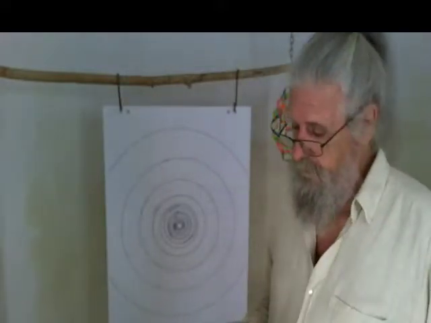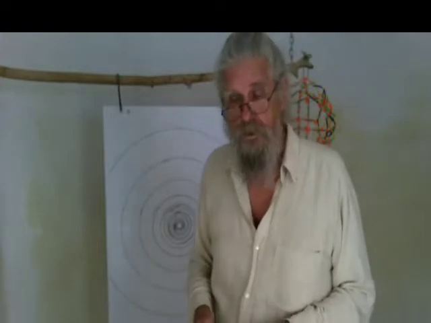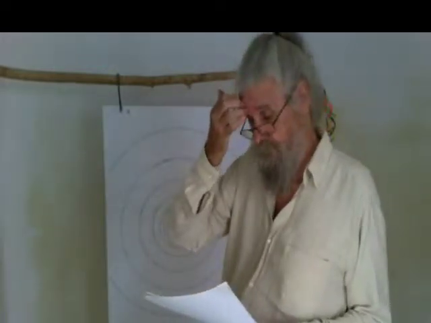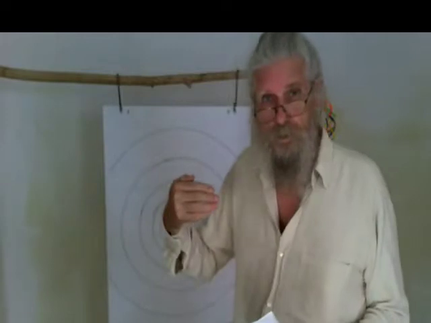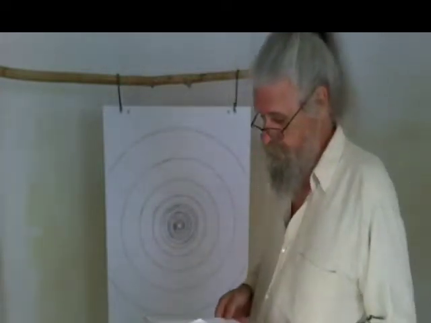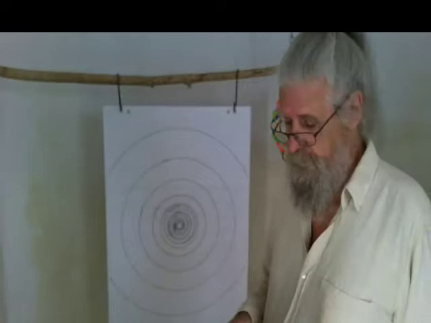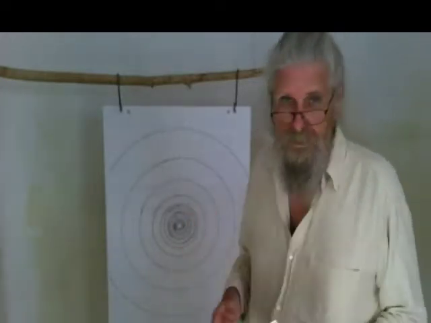Pluto averages 10 times as far from the Sun as Mercury, and it moves 1/10 as fast. The two effects, the slowing down as you move away from the centre, and the speeding up as you cross these contour lines, more or less cancel out.